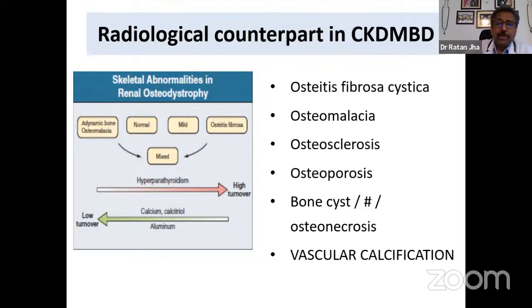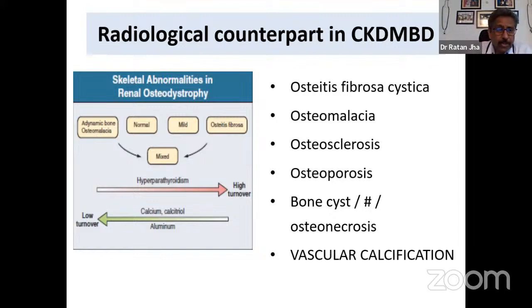And this is how the reporting is done by the radiologist. But from the pathological point of view, we talk about the bone disease as high turnover bone disease, or secondary hyperparathyroidism in patients with chronic kidney disease, or low turnover bone disease, which may be a vitamin D deficiency or resistant state, aluminum related bone abnormality, or low PTH level.